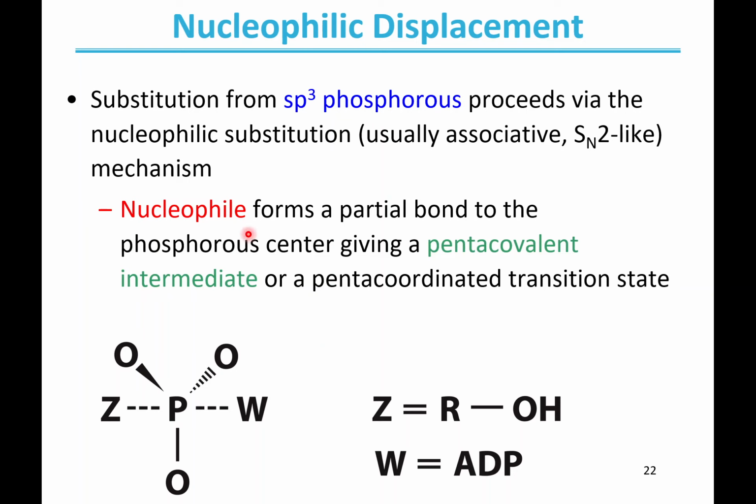The nucleophile forms a partial bond to the phosphorus, giving an intermediate that is pentacovalent, so there are 5 groups around this phosphate group. In this case, Z is another OH group on the phosphate, and W is something like ADP, where it's accepting that phosphate group.